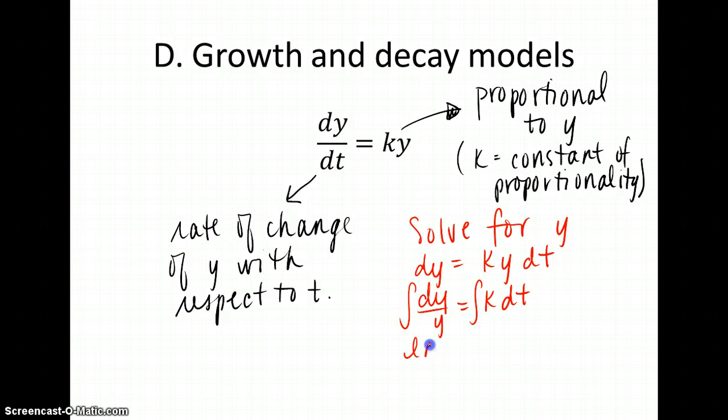So when we integrate, natural log absolute value of y is equal to k times t plus c. Again, k is a constant, and we're integrating it with respect to t. So then solving this equation, y equals ce to the kt. Alright, so we discussed this in class, being able to go right from this step to solving the equation for y.